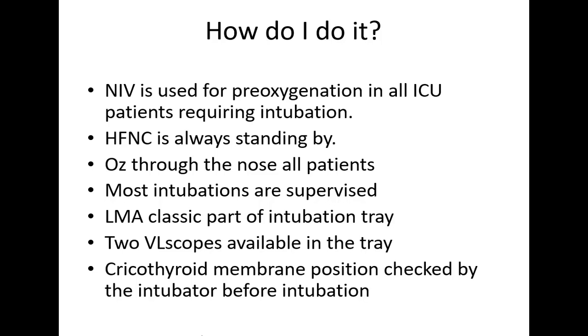Obviously the disposables are expensive, but you can use them in the Indian way, so the cost will come down. If you can't do anything, you can just give oxygen using nasal prongs at the maximum flow allowed by your flow meter, that is 15 liters, throughout the procedure. So generally we put the nasal prongs in place and pre-oxygenate or give NIV on top of that.